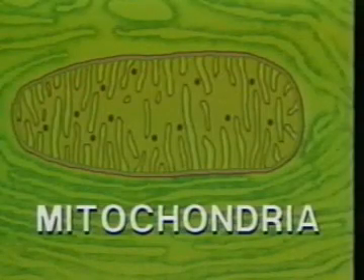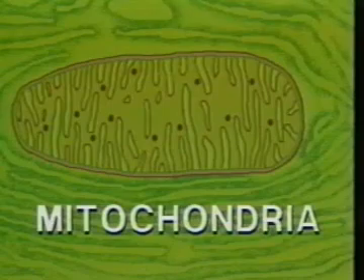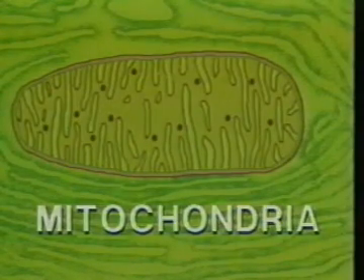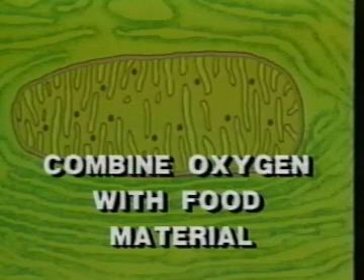However, one adaptation which most surviving life forms developed was the cell organelle known as mitochondria. Mitochondria actually took advantage of the new environment with oxygen by combining oxygen with food material. This resulted in the release of much greater amounts of energy.